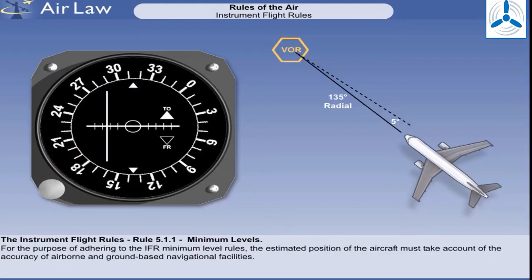For the purpose of adhering to the IFR minimum level rules, the estimated position of the aircraft must take account of the navigational accuracy which can be achieved on the relevant route segment, having regard to the navigational facilities available in the aircraft and on the ground.